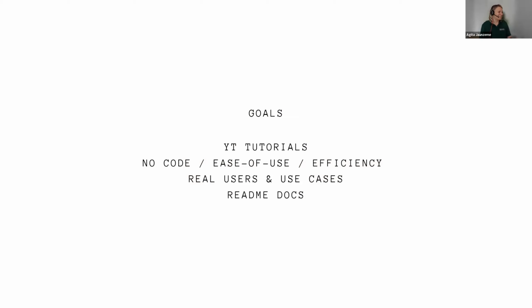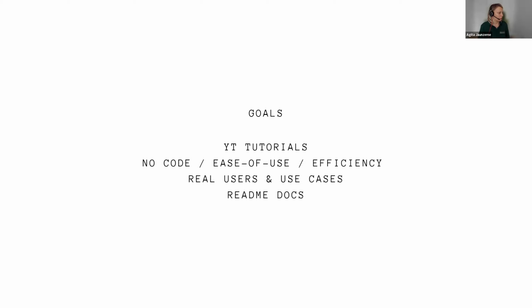Anyway, so then we went to the goals. Basically, the goals that we set are creating YouTube tutorials, and now we have quite a lot of tickets for creating some explanatory short clips or longer clips on how to use VDK.